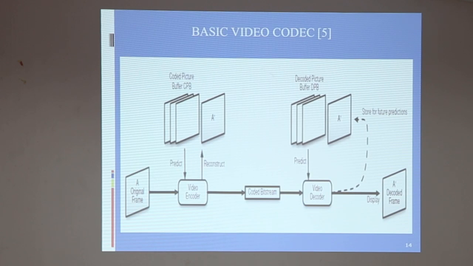Now we will see the basic codec structure. Here we have the original frame, then the video encoder, and the coded stream is sent to the channel, and this side is the decoding side. Whenever we have a frame, it is sent to the encoder for coding. Once coding is done, it is stored somewhere for future reference.